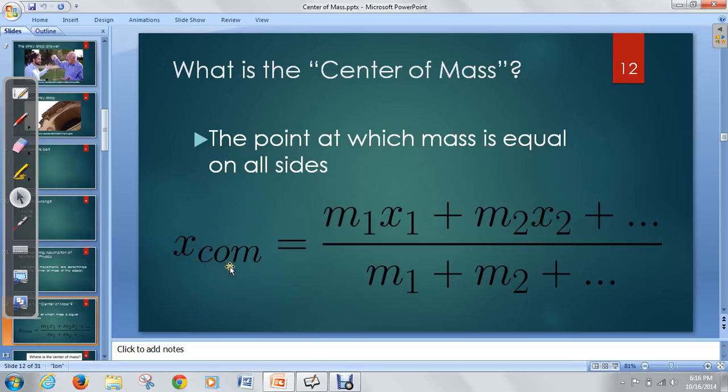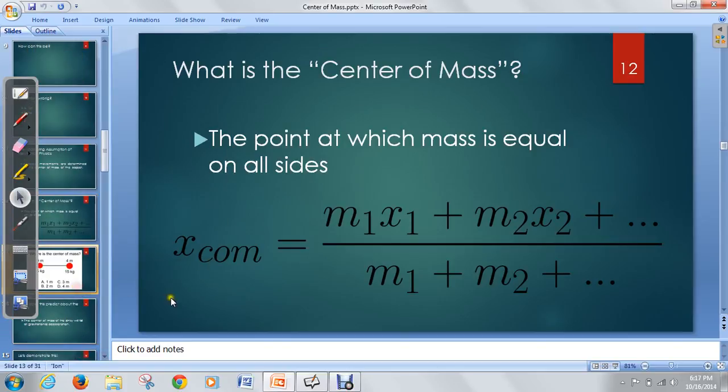The position of the center of mass is equal to mass 1 times the distance of that mass, plus mass 2 times the distance of that mass, plus mass 3, and so on, over mass 1 plus mass 2 plus mass 3, and so on. So if I add up all the masses times the distances and then divide by the total mass, I can determine the position where the mass is going to be equal on all sides. So that's how we calculate center of mass.